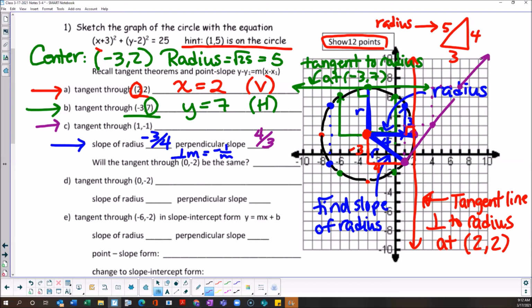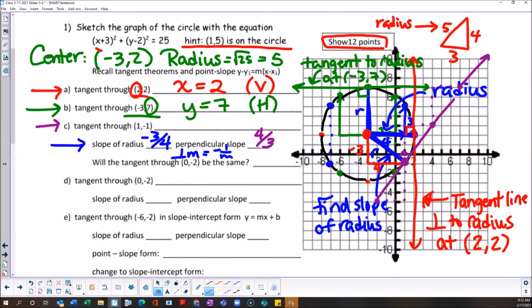Right? And I could count. There. And just to double check, does that look like it's perpendicular to the blue line right there? Yeah, it does.